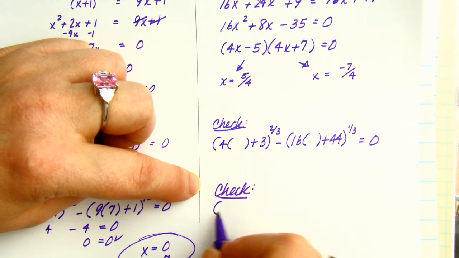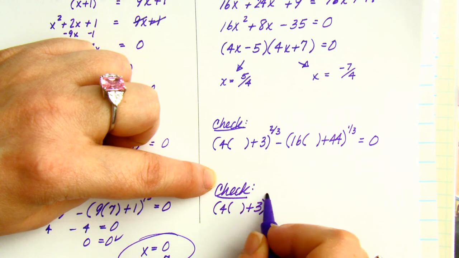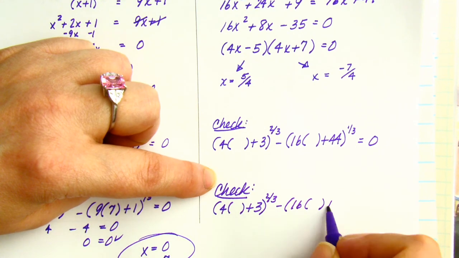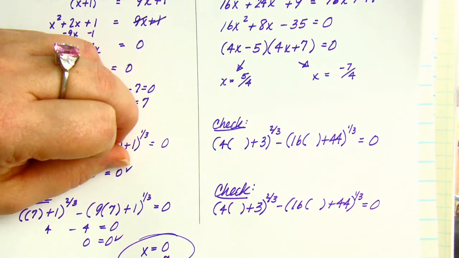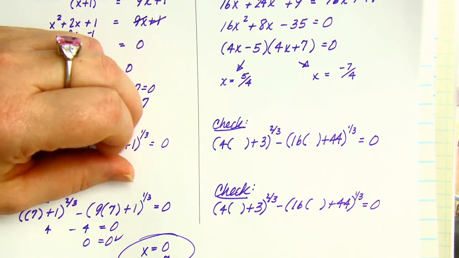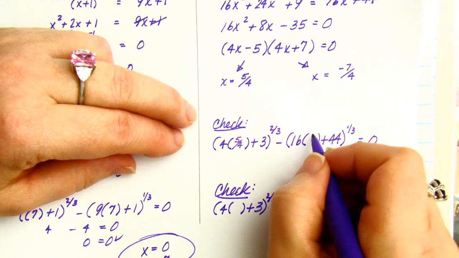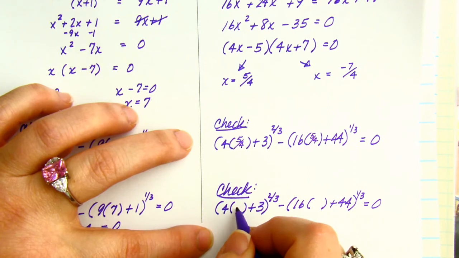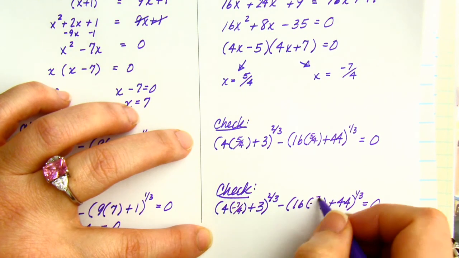Set it up again. Okay, we've got fractions this time. And that's okay. Negative 7 over 4, negative 7 over 4.